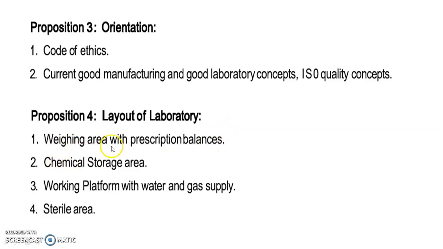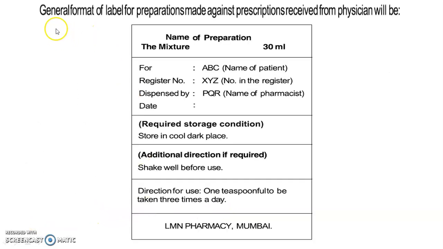It includes a weighing area with prescription balances, chemical storage area, and working platform with water and gas supply, and a sterile area. Then we will see the general format of a label for preparations made against the prescriptions received from a physician, which is as follows.